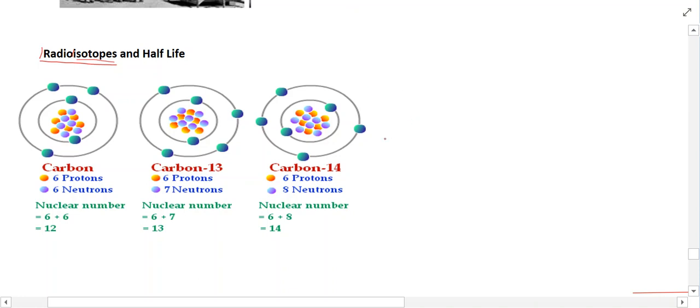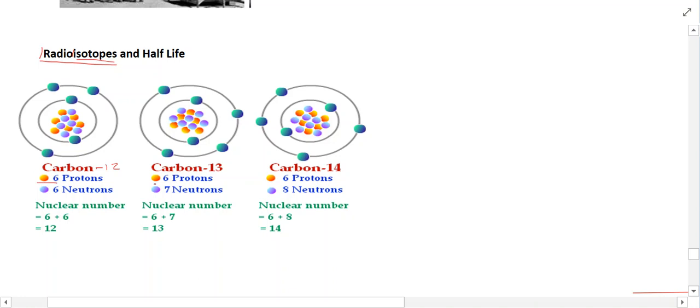isotopes are, from an atom point of view, if we have a look here, we have carbon. So we have what's called carbon 12, carbon 13, and carbon 14. Now, these are atoms of carbon, and what makes them atoms of carbon is the number of protons present within the nucleus of the atoms.